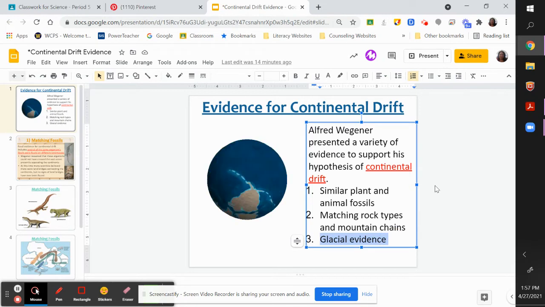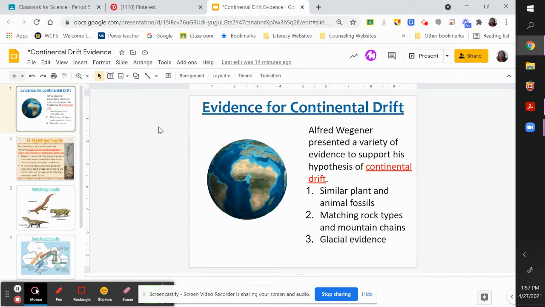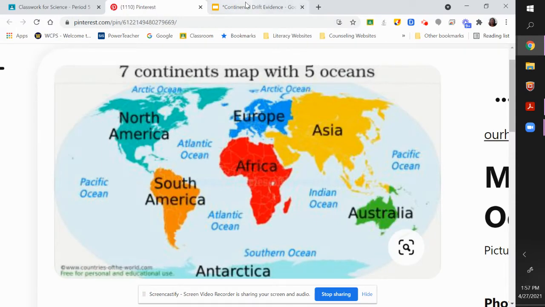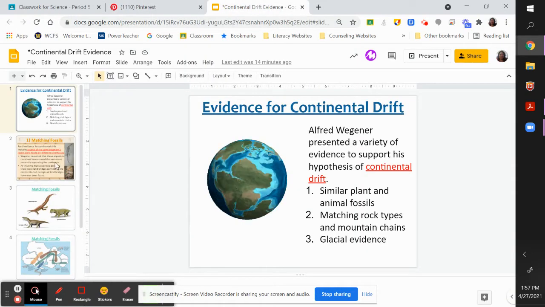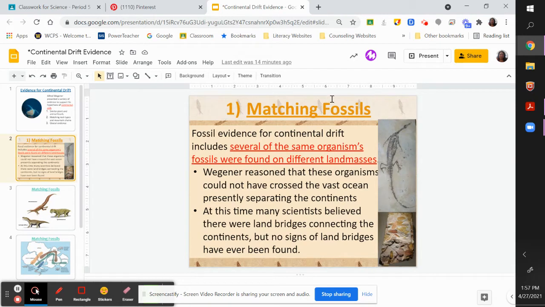We know that glaciers exist in very cold climates. And so he's going to talk about why he believes that can help support his theory, that there was once one large landmass called Pangaea, and all of these continents have drifted apart into what we now know as our world map. Let's take a look at the first type, so matching fossils.